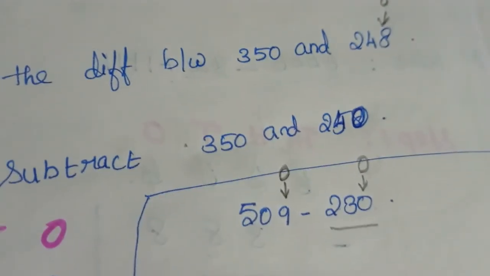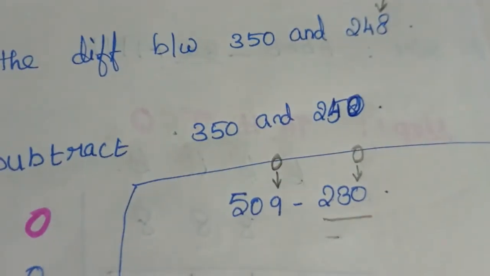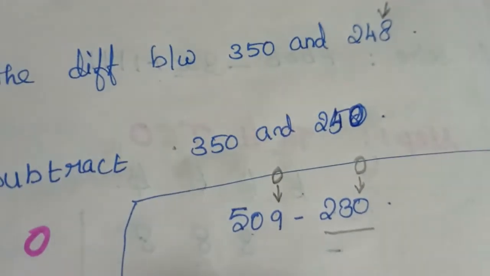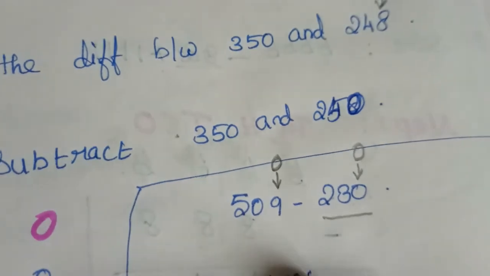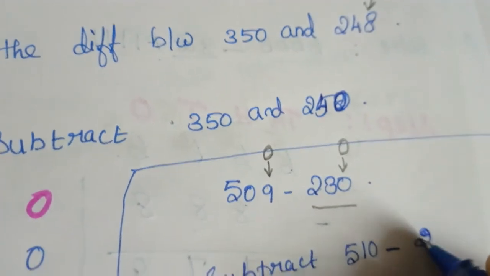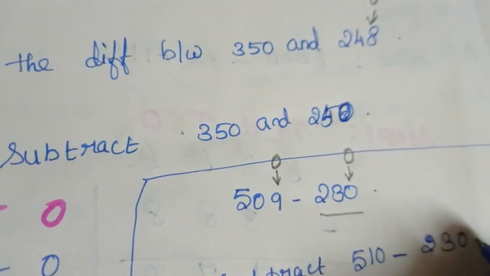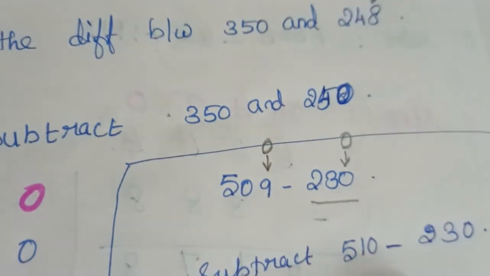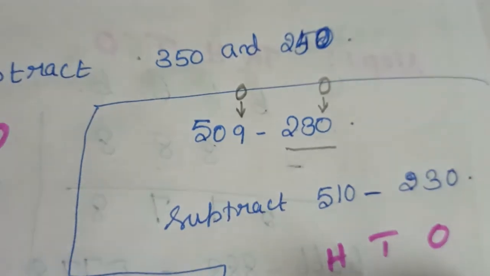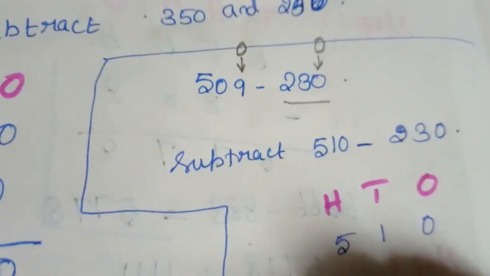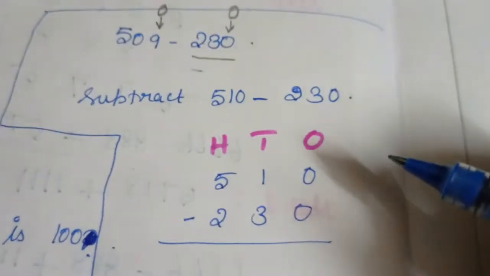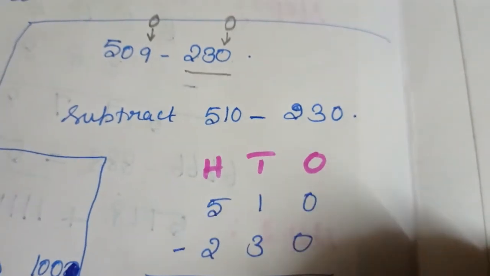Not 500. This 509 is close to 510. So now subtract 510 and 230. These two are 3-digit numbers. Now subtract these two values. 0 minus 0, 0.